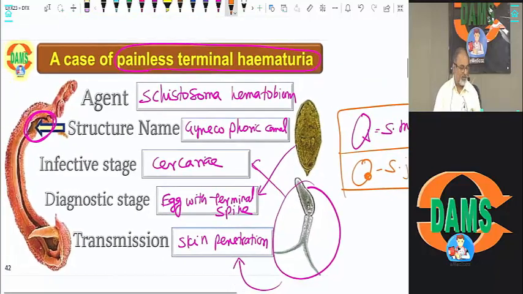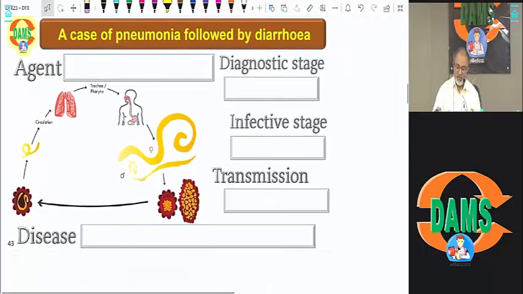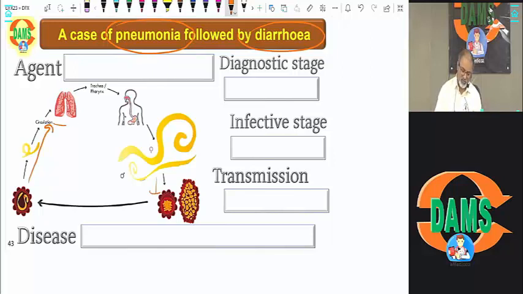Okay. Next is a case of pneumonia as well as diarrhea. They give the life cycle. Man excretes the egg, another person takes the egg, it goes to the lungs, then comes to the intestine.